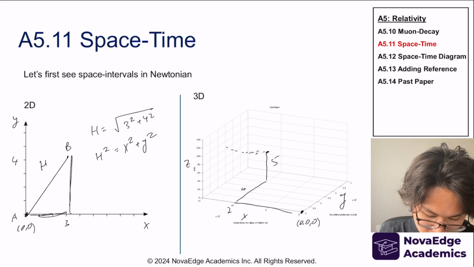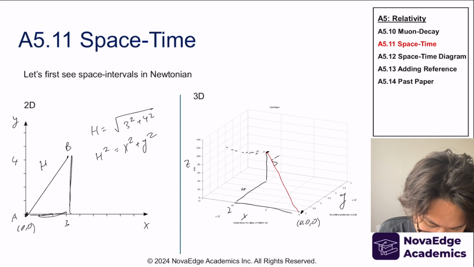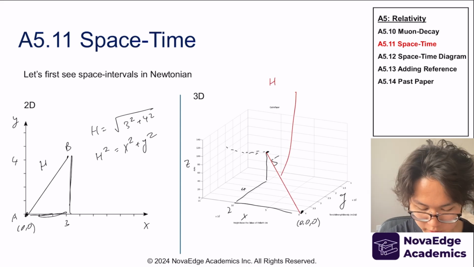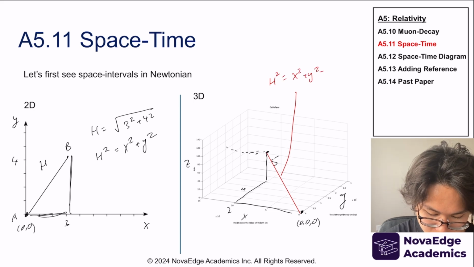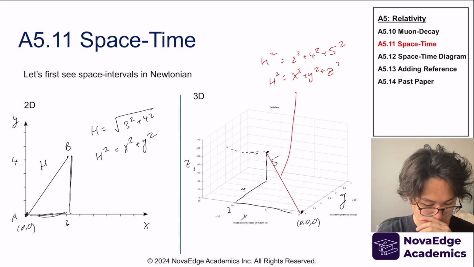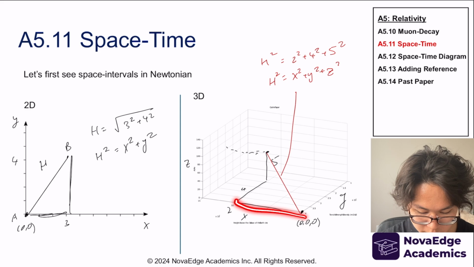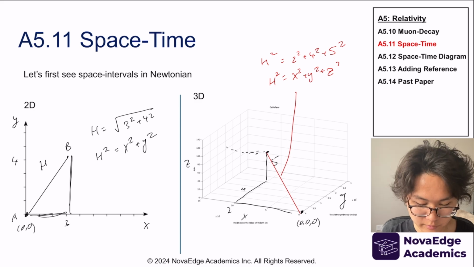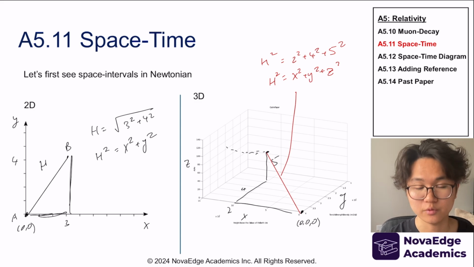If I draw the line between the first event and the second event, the interval, let me call that h squared, is again going to be x squared plus y squared plus z squared. In this case, it's 2 squared plus 4 squared plus 5 squared. It follows the exact same method. All we're doing is x squared, y squared, z squared to find the distance between the two events, basically the interval between two events.